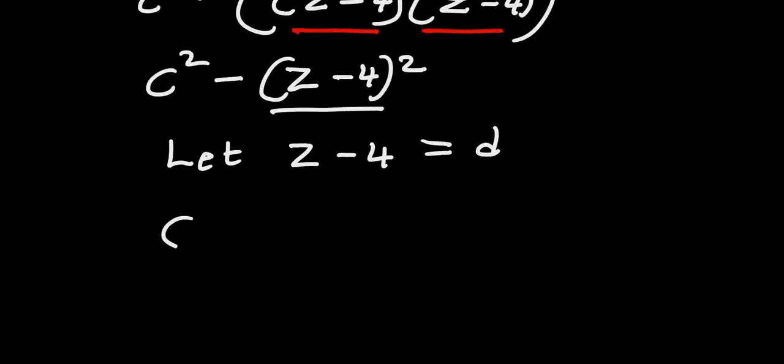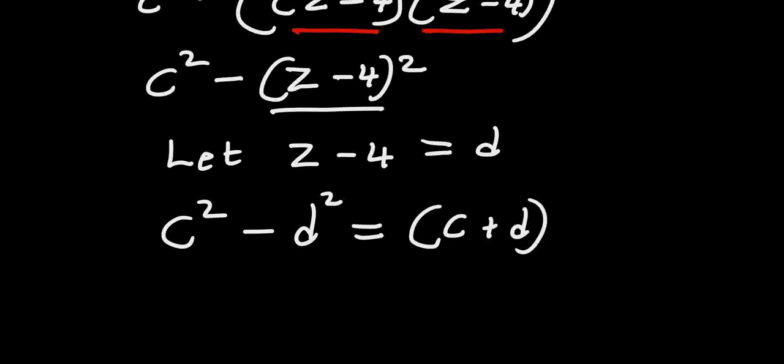So this will become c squared minus d squared. So automatically we now have difference of squares, which is equal to c plus d, c negative d.